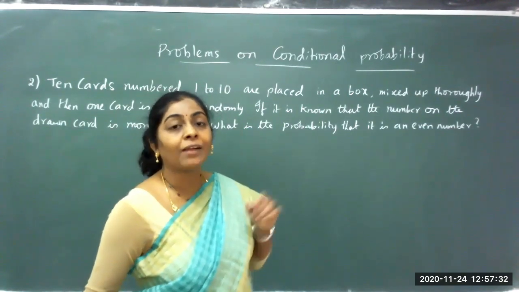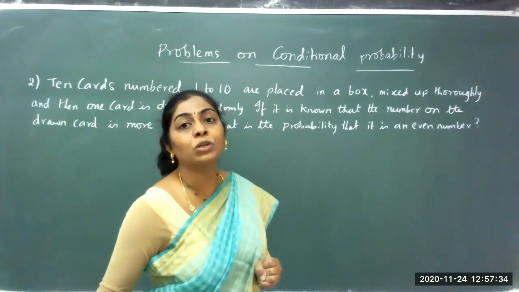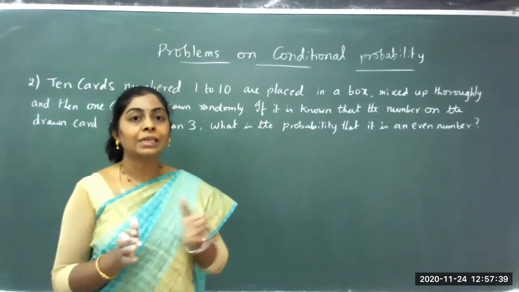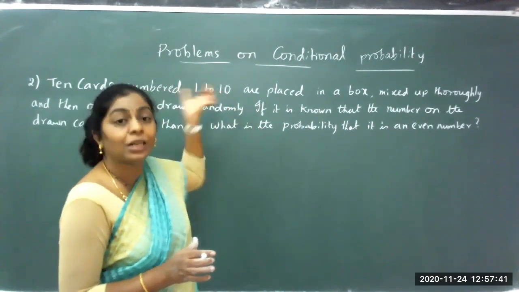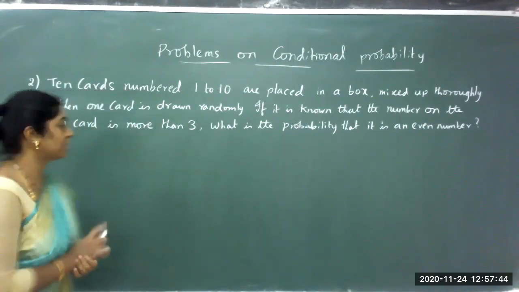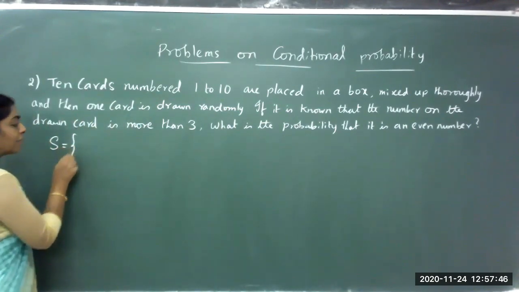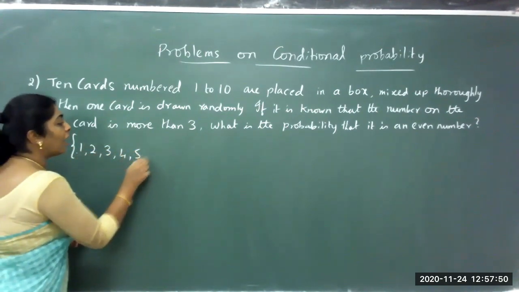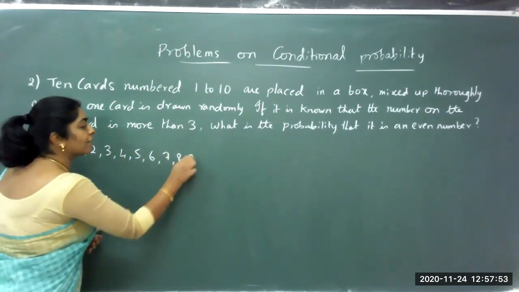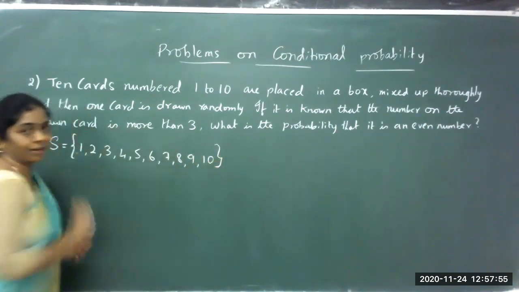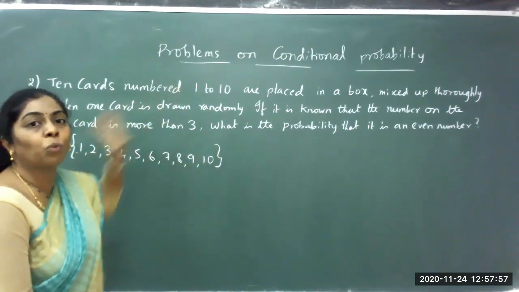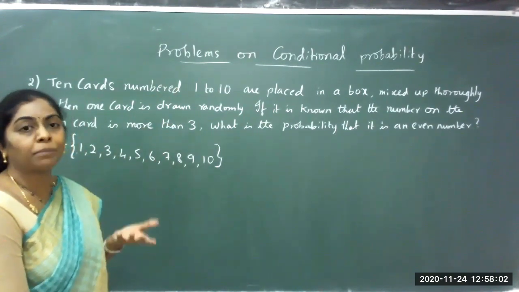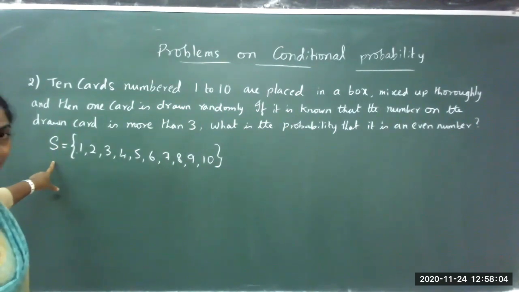So here we have 10 cards numbered 1 to 10 placed in a box. The box in which the cards are placed is the random experiment, and from that I write down the sample space.